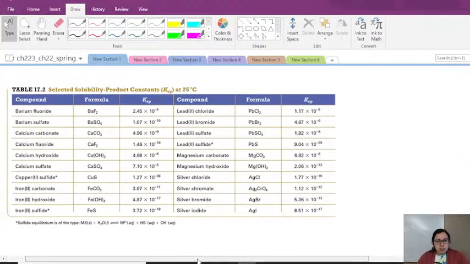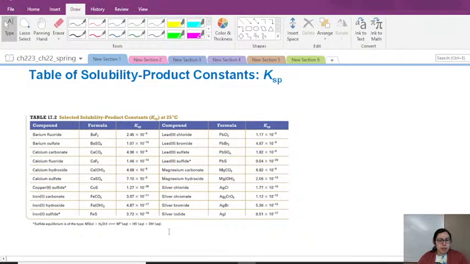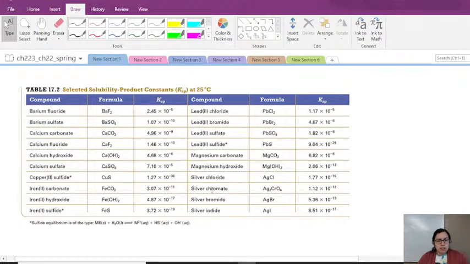And so this is just a table of KSP constants. You can, of course, get a sense of what's more soluble than others. Obviously, if it has a teeny tiny number, it's very insoluble.